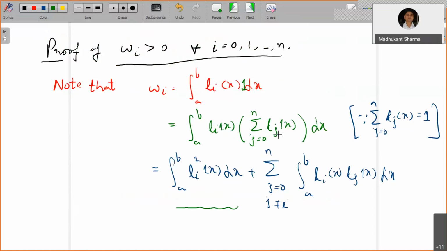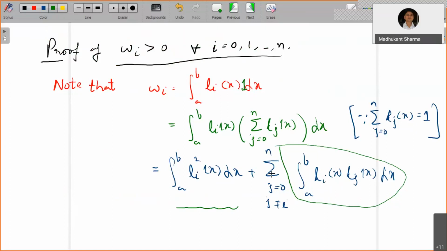Whenever i equals j, we get li square x dx, and whenever j is not equal to i, we get the cross terms. Now if we claim that this integral value is 0 for j not equal to i, then the remaining term is the li square integral, and since x0 to xn are Gauss points, this is always strictly greater than 0, so the integral is also strictly greater than 0. Our claim will be proven once we establish that integration a to b li of x times lj of x dx is 0 whenever i is not equal to j.